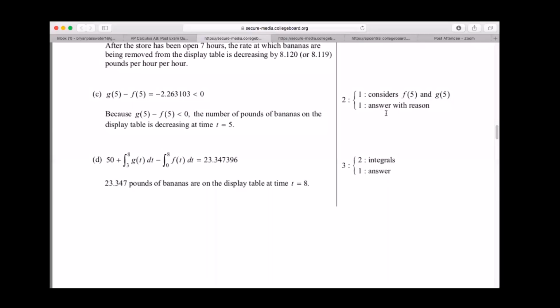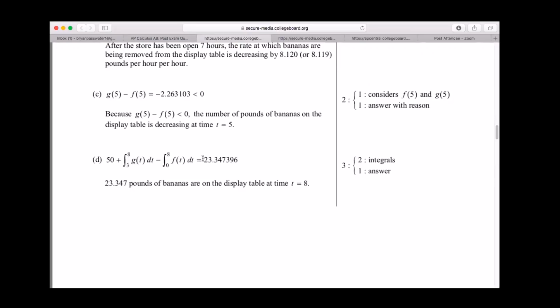And then the answer with reason, I showed you several different ways you could have written that. Any one of those would have been acceptable. And then in part D, notice 2 points for the integrals because they were different integrals, right? One of them started at 3 and one of them started at 0. And so if you had both of those separate with the right limits on them, you would have gotten 2 points just for that.